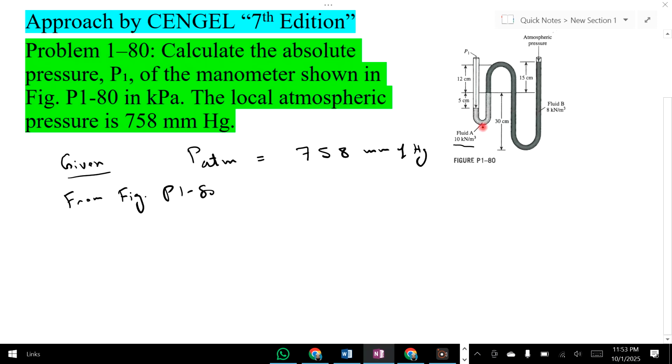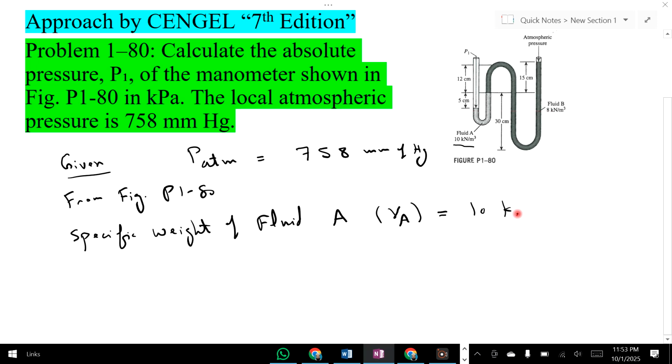of fluid A. There are two types of fluid. One is this and one is this type of fluid. So from figure P1-80, specific weight of fluid A is denoted by gamma A. Specific weight of fluid A is equal to 10 kilonewton per cubic meter, and the height for this fluid is 5 centimeter.